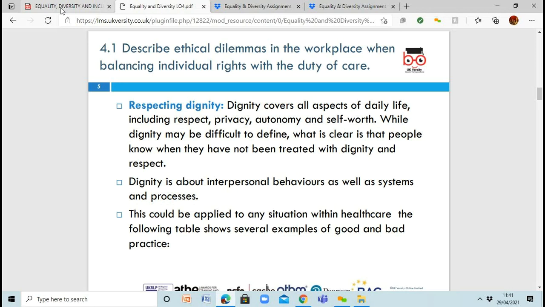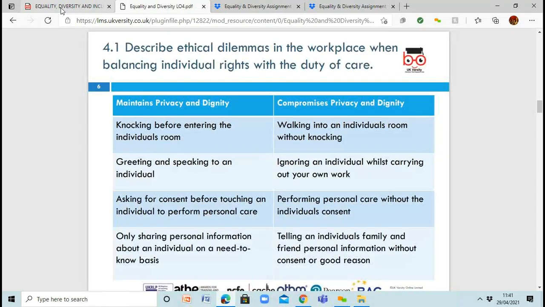We've got the following table, and it shows good practice and bad practice examples. This section helps you maintain dignity and the other doesn't, so we'll go one each. When you're knocking before entering the individual's room, that's dignity, you're maintaining privacy. When you're walking into the individual's room without knocking, you're compromising it.